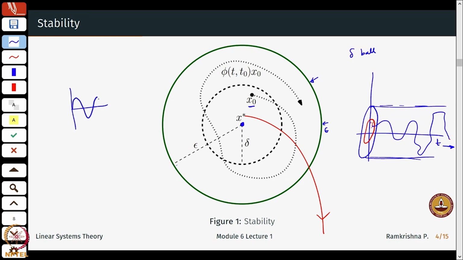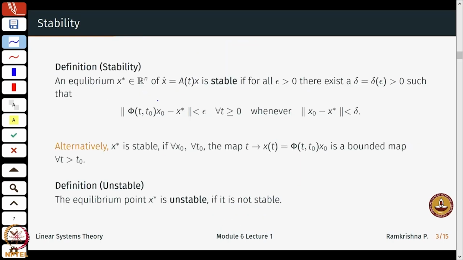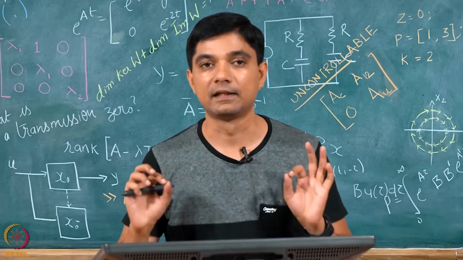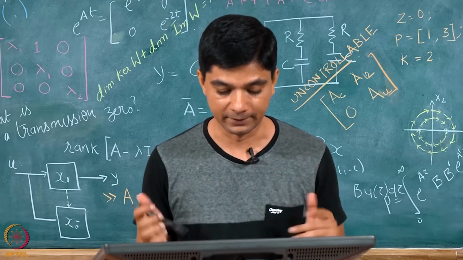It just keeps on oscillating, and this is always stable, right. So, that is what this says. Whenever the initial conditions are in a delta ball, the solutions will be confined to an epsilon ball, or the map t to the solution space is always a bounded map. That is a very loose, basic definition of stability.